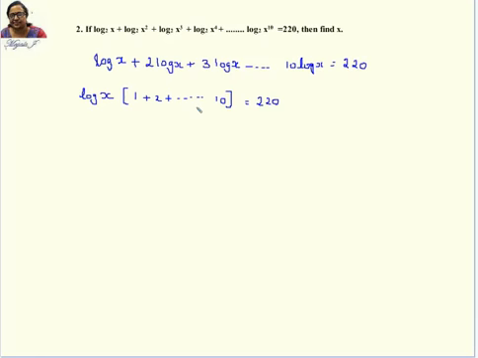N into n plus 1. So this is going to be log x. N into n plus 1 by 2 is the formula for this, which is 10 into 11 by 2, equal to 220.